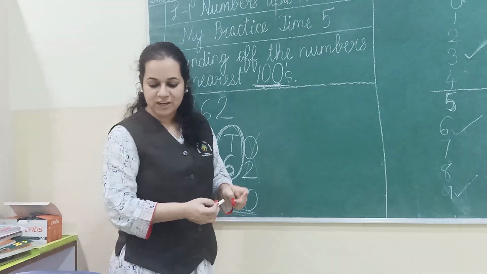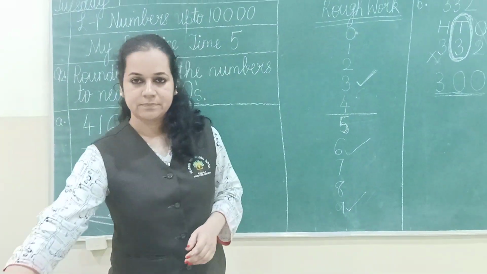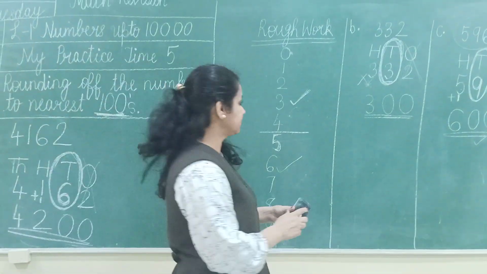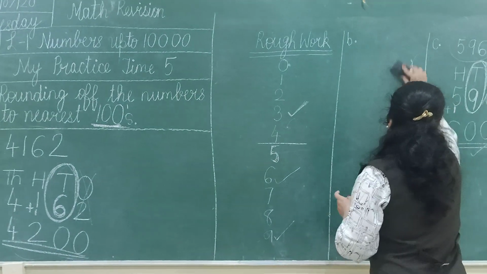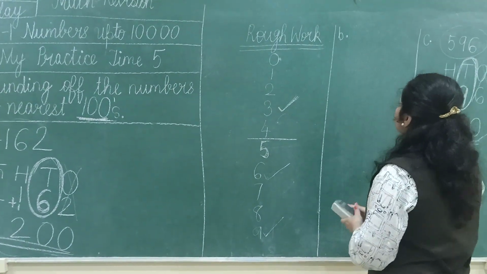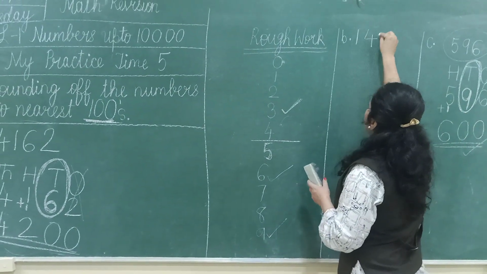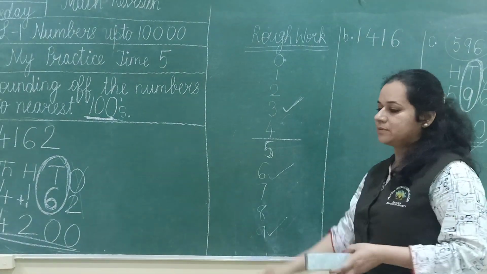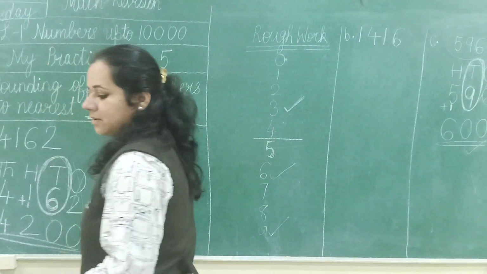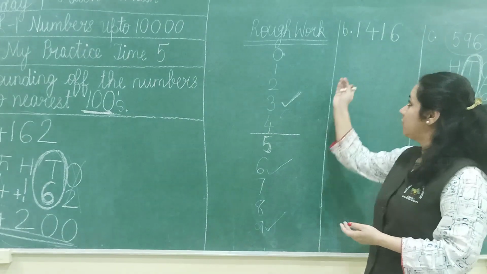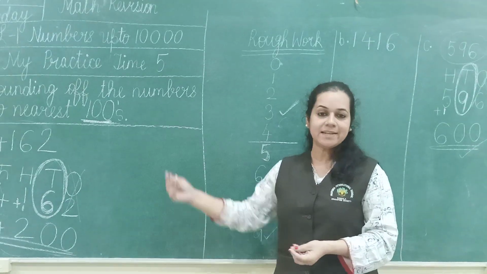Now we move on to one more example. What will we do for rounding the number to the nearest hundreds?